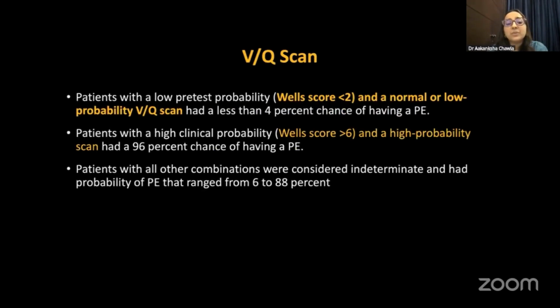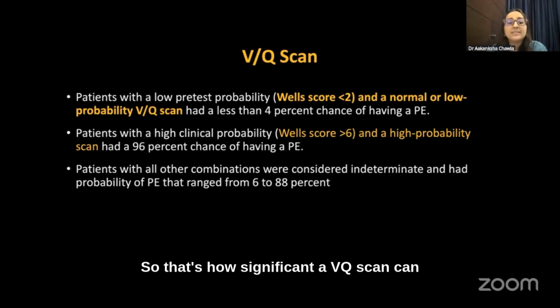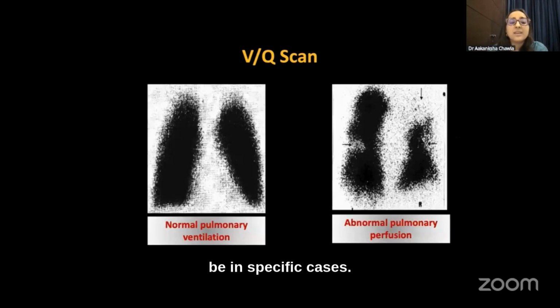Now, patients with a low pretest probability and a normal or low probability VQ scan have the chance of less than 4% of having pulmonary embolism, whereas a patient with high clinical probability and a high probability scan have a 96% chance of having a pulmonary embolism. So that's how significant a VQ scan can be in specific cases.